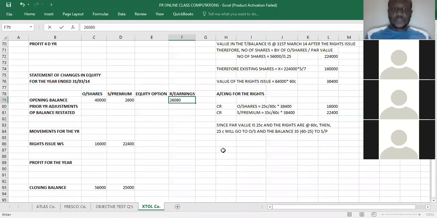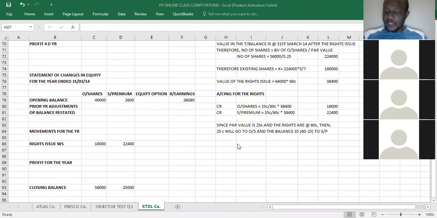So we have our convertible loan, 5% convertible loan note. So the question says, at the beginning of the year, that's 1st April 2013, XTOL issued a 5% 50 million convertible loan note at par.